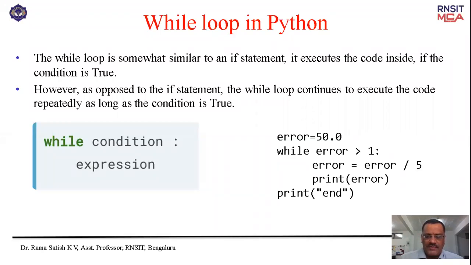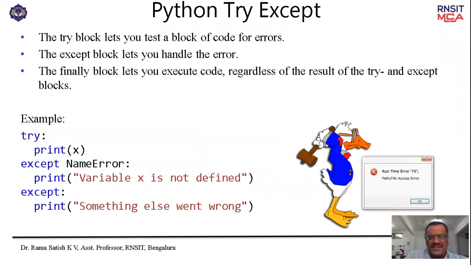Sometimes, while the program is running, we get errors. How to handle such errors? See, runtime errors are errors you don't expect even in testing. So you get the error only when it is running.